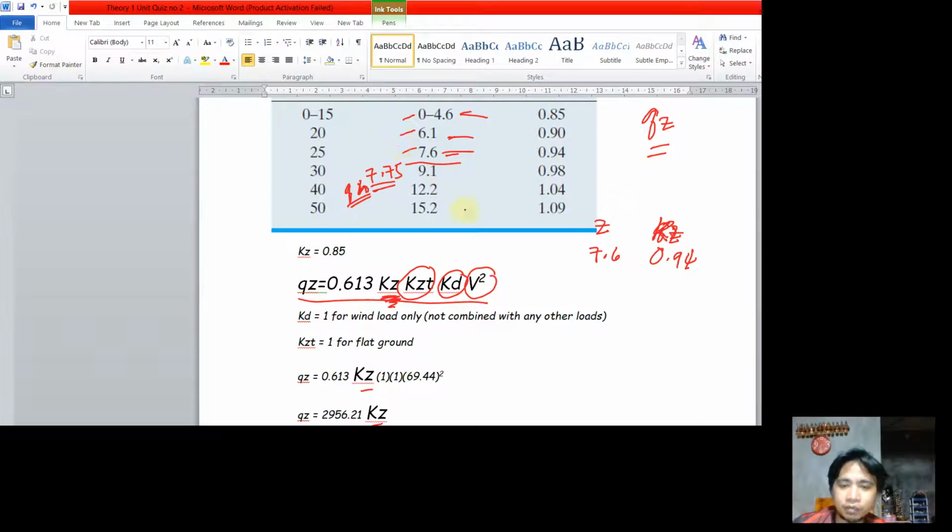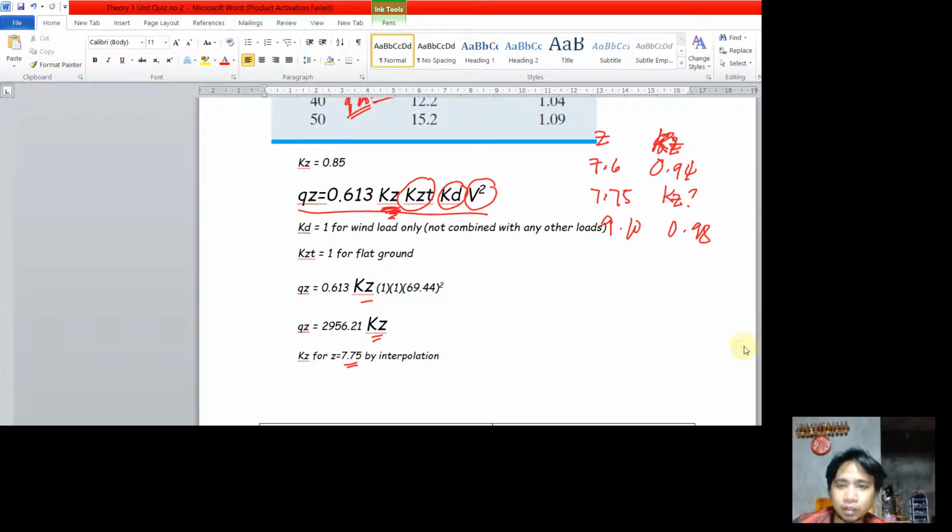And if 7.75, we do not know this, right? This is unknown. And then we go to the next, 9.1 and 0.98. That is why we can find these values. This is Z, and this is the corresponding Kz. So by that we can interpolate, just pair the lower limit to the unknown, and then the upper limit to the lower limit, same with this Kz side.